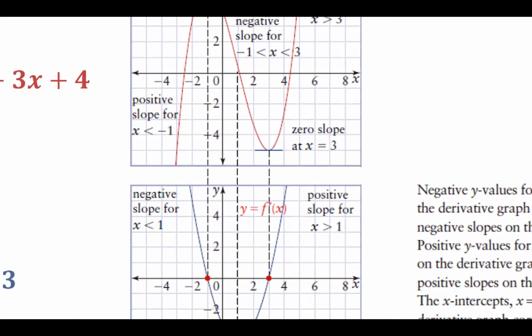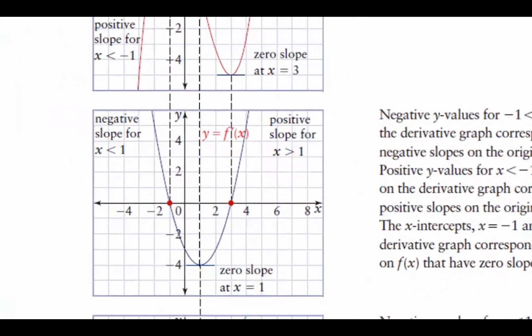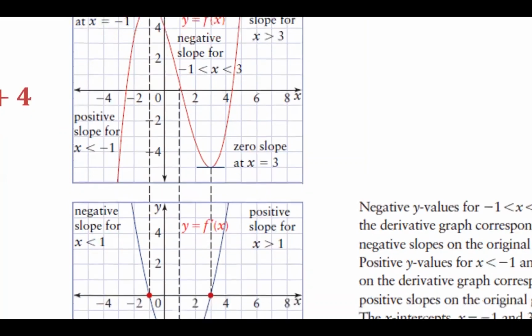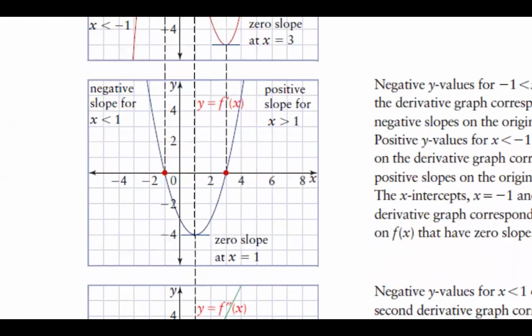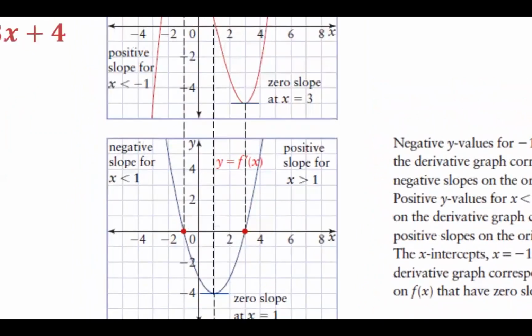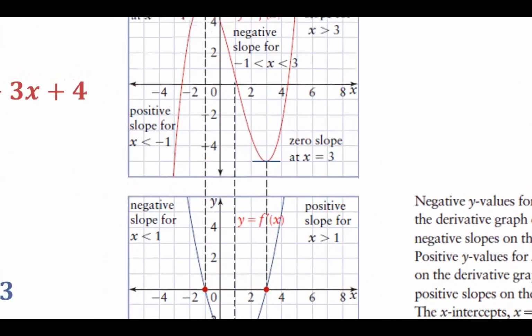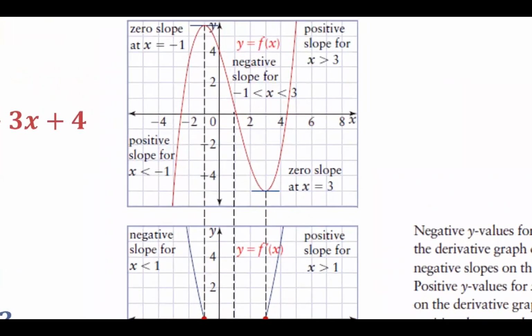And after that, the slope of the tangent is negative until x equals 3, as you can see here. Therefore, the first derivative of this function actually describes the instantaneous rate of change of the original function at any point x.